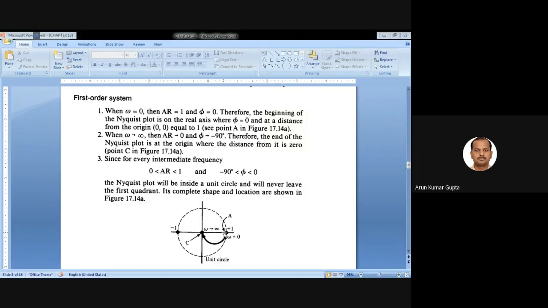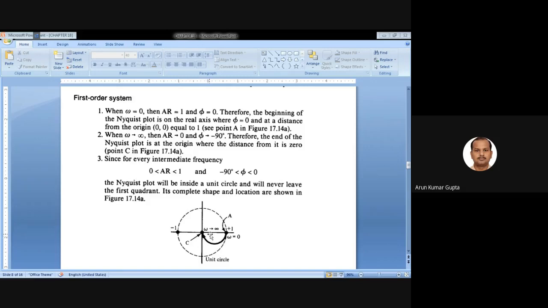And when you go to omega equal to infinite, at infinite the AR equal to 0 and the phase angle is minus 90. Minus 90 means we will move like this. Phase angle will go like this for minus. If there is a positive phase angle, we will move the other way. You know, the clockwise, anti-clockwise phase angle. So at omega equal to infinite, the AR value is 0, and phase is minus 90.